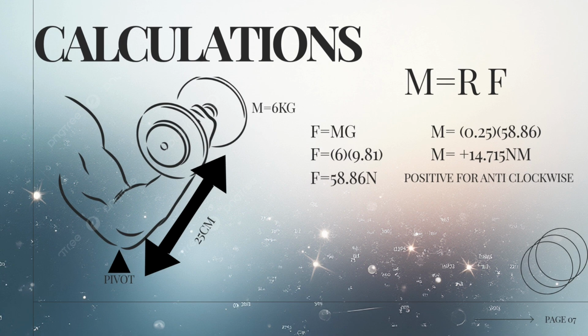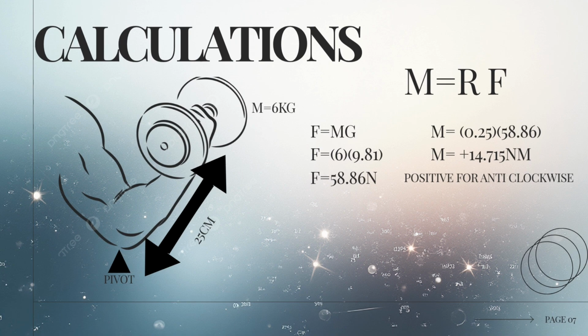So first of all, we need to calculate the force applied. The force applied is the weight of the dumbbell. So we use F equals mg, so 6 times 9.81, and we get 58.86 newtons. Then we key in our values.